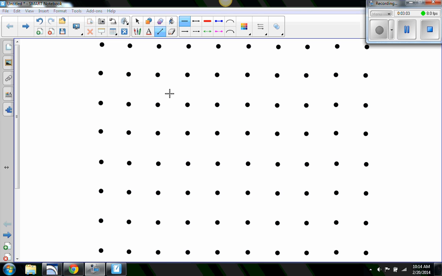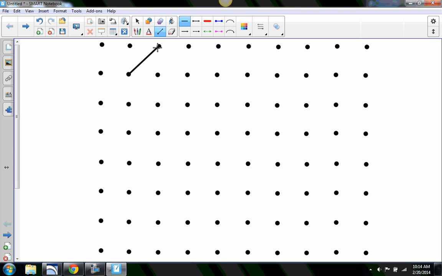So if I wanted to draw a triangular prism, so prism means box, right? The triangular means that the bases, remember a prism has two bases, so the bases have to both be triangles. When you're drawing on dot paper, you have to be careful because you need to make sure that you go diagonally when you're drawing your bases.